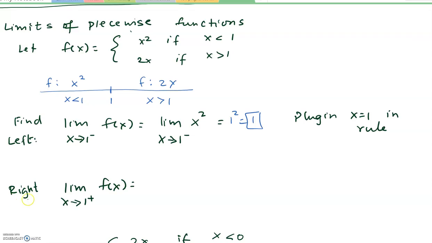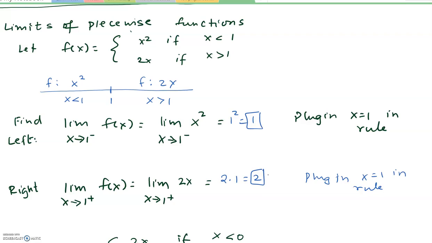In the same way we want to find the right limit. As x approaches 1 plus, we have limit x going to 1 plus. The f of x here, on the right side of 1, the rule is 2x. So we put 2x here. In the same way we plug in x equal to 1 in the corresponding rule. So 2 times 1, which is 2.